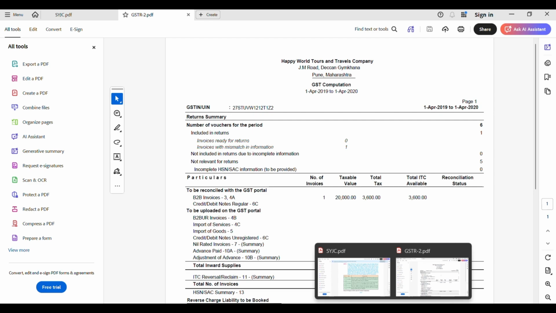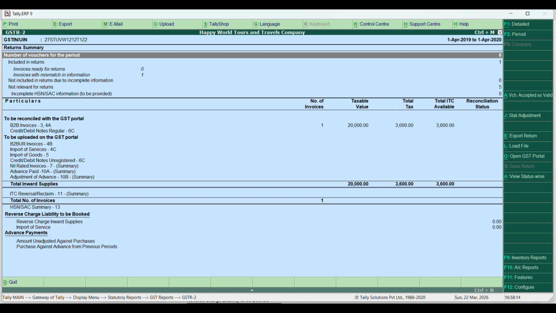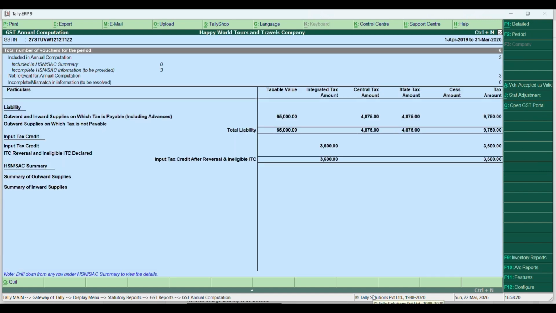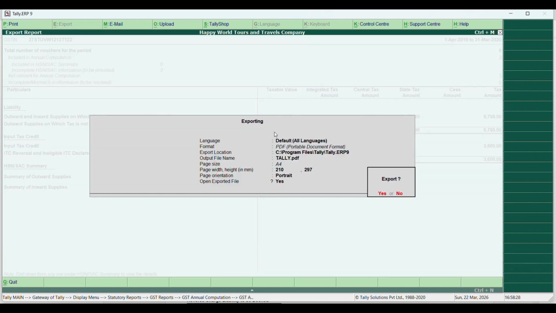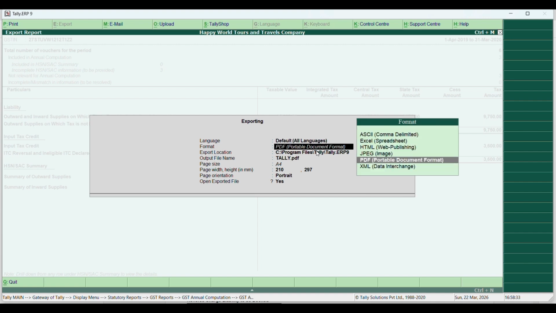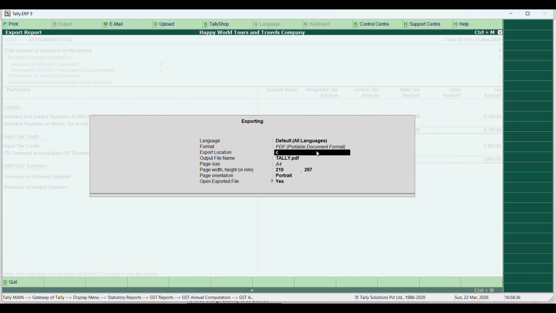Next, I want the output for GST annual computation. So again, I'll do Alt E or export. Now the things are given here. Again, I want to change the location. I'll do backspace, enter. C:/HP. You can take the default folder, but then you have to make sure that you are deleting the files, as all the files will be accumulating there.